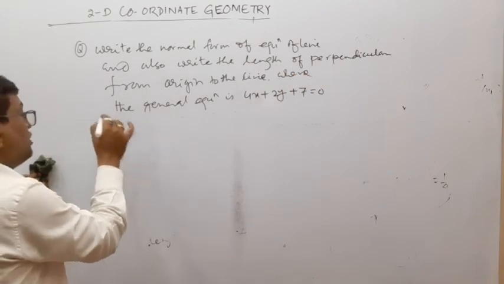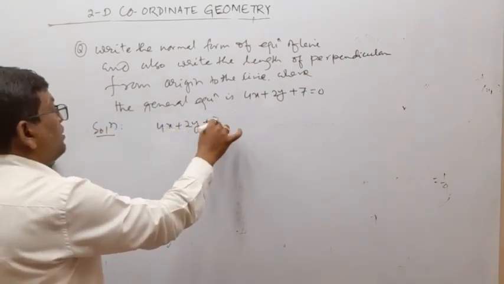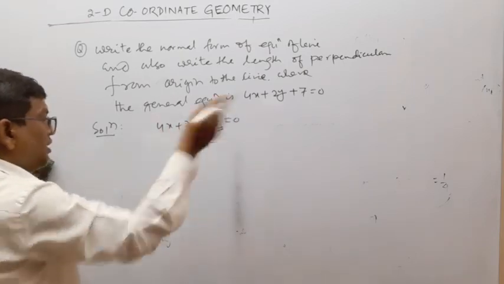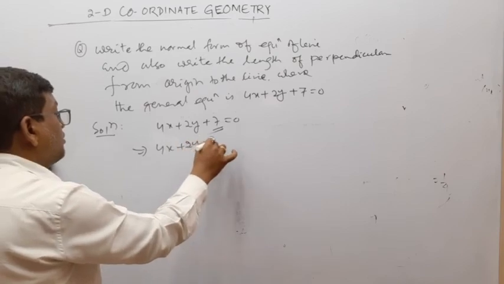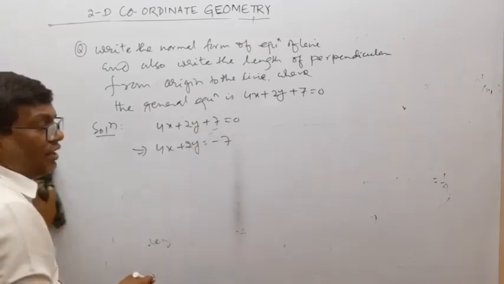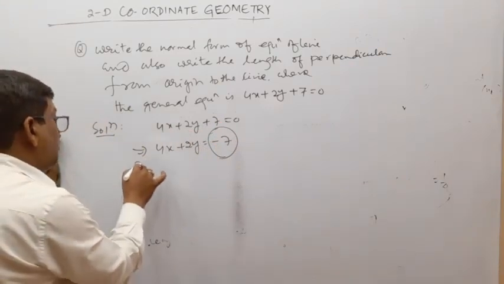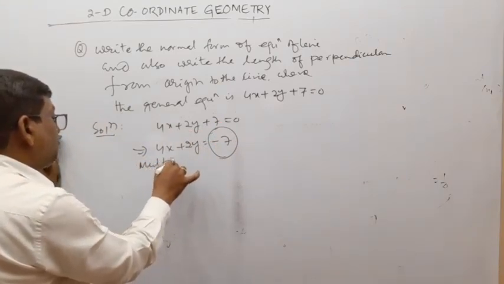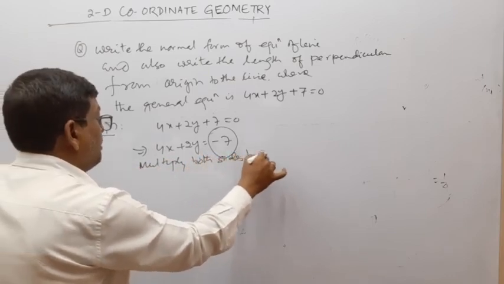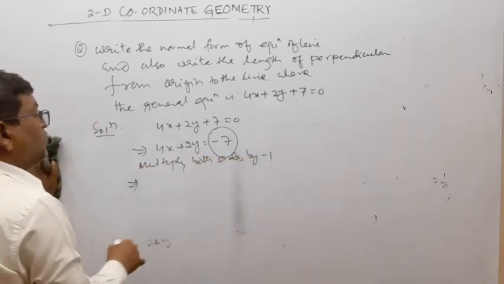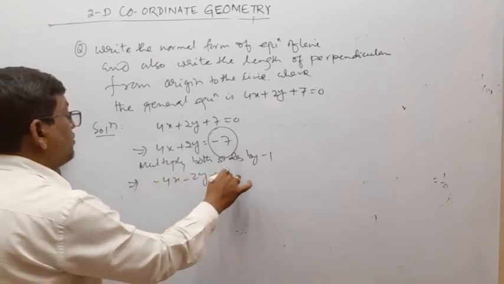Take the constant term to the right side, so 4x plus 2y is equal to minus 7. The right side is minus, so multiply both sides by minus 1, that is minus 4x minus 2y is equal to 7.